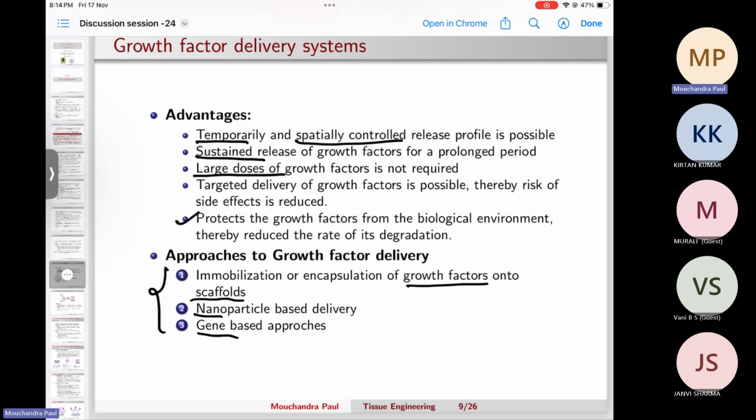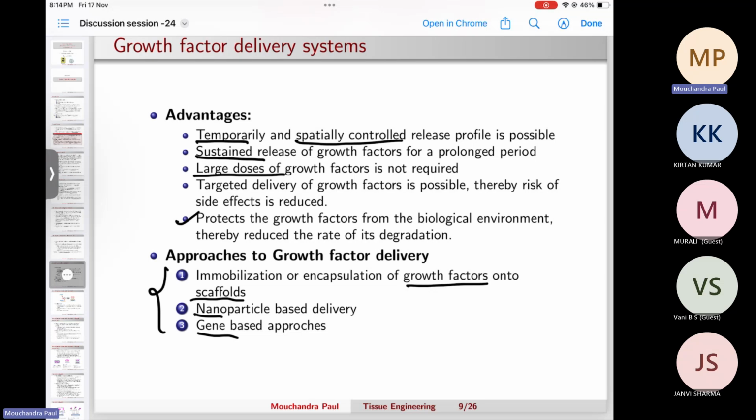A special property of this material can be to change its porosity when the appropriate pH is there. In our case, if the acidic pH is there, then the pores will open, meaning the pore size will enlarge, so there will be high release of growth factor.